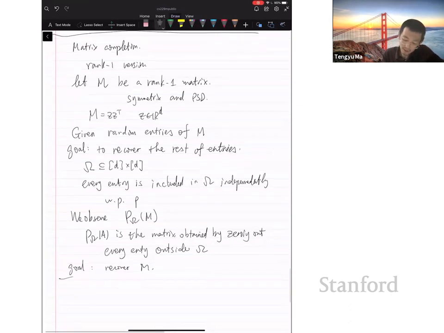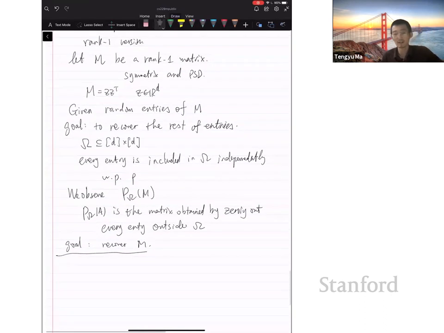And why people care about this question a lot in the past, one reason is that it has a relationship with recommendation systems. Here I'm assuming it's a symmetric matrix and so on, but if you relax those a little bit, that doesn't necessarily change the essence of the problem.